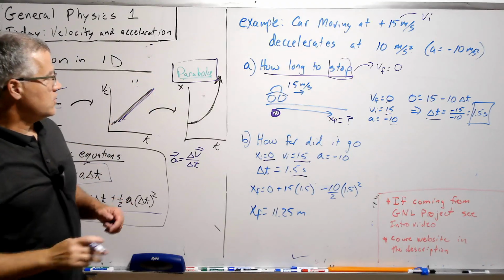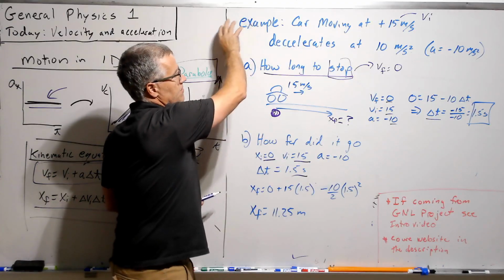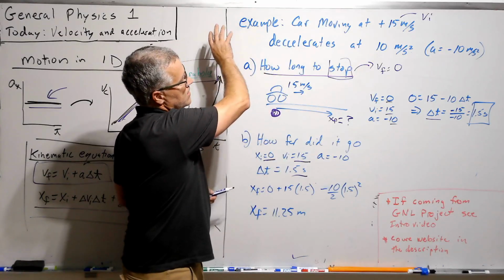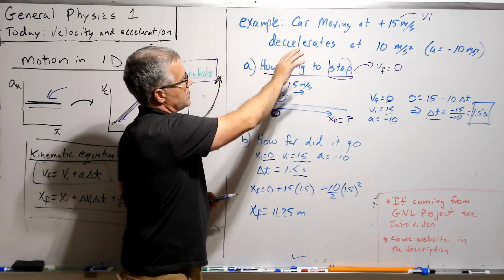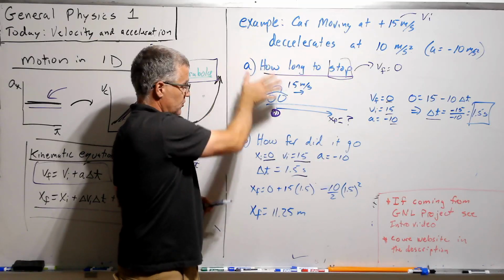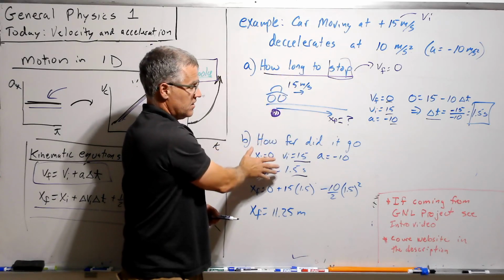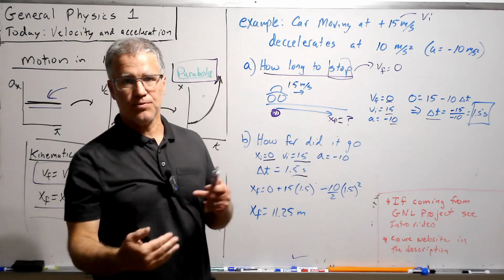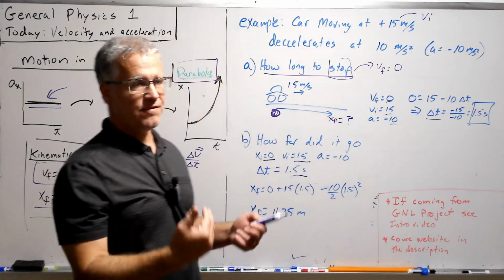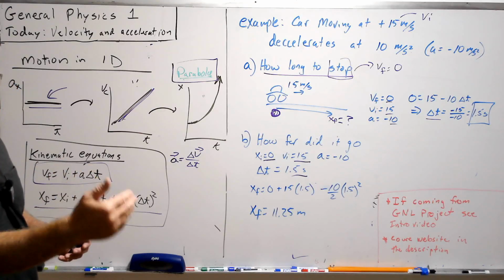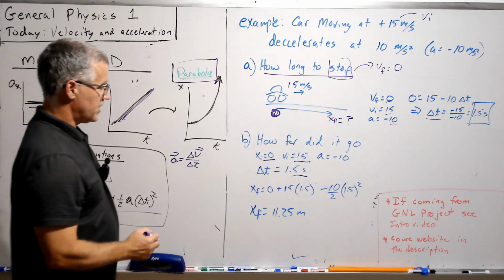By the way, this problem would have been harder if it had just been a car moving at 15, decelerating at 10, and we didn't do the first problem first. We're going to use what we solved there to get here. There might be multiple steps on the path to a final answer to a question. This question helped us out because it took us in steps, and that isn't always the case.